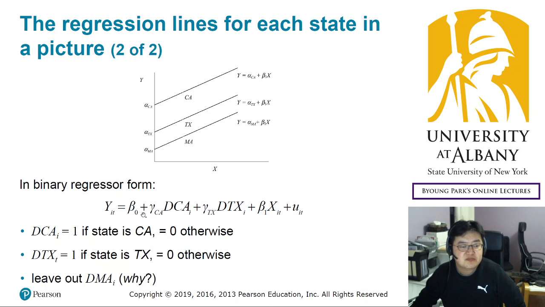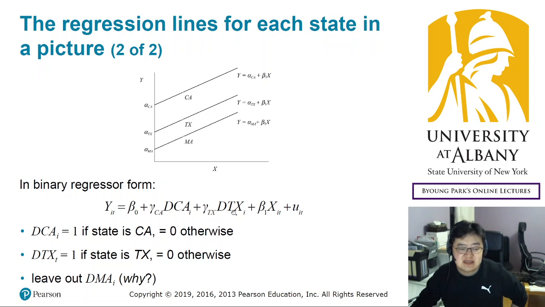Then for the dummy variables, because there are only three states, we have to leave out one state, in this case Massachusetts. So beta 0 is the intercept for Massachusetts because Massachusetts has 0 and 0. And for California, the intercept is beta 0 plus gamma California, because this equals 0 but this equals 1.